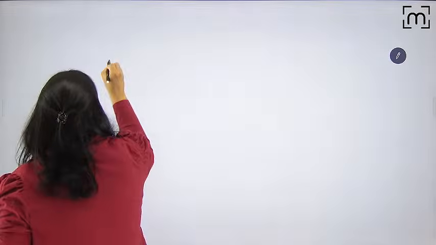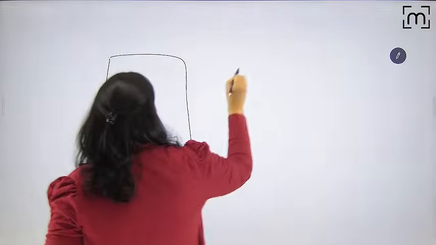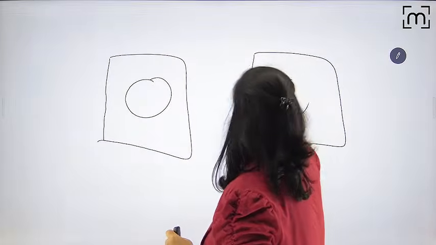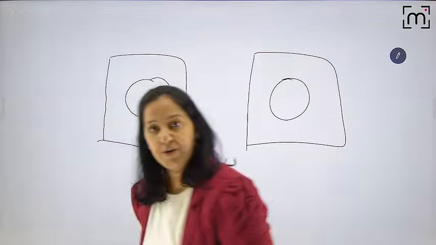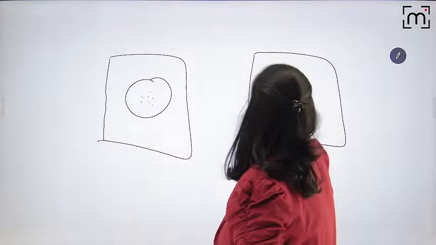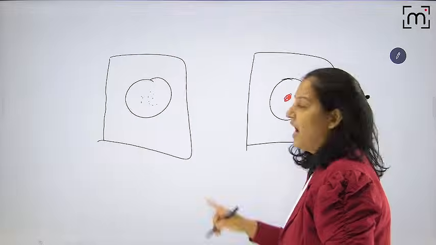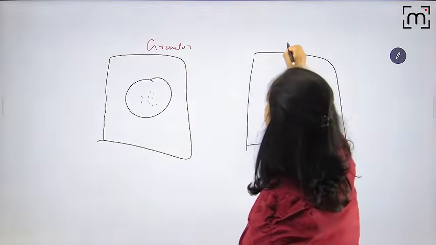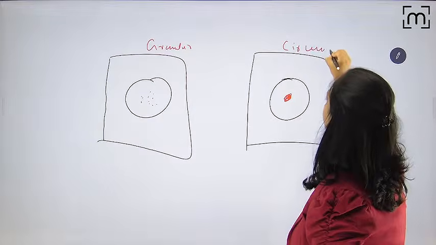Let me tell you. So this is the host cell. This is the nucleus. Both are intranuclear. But this one is like this, and this one is like this. Cowdry A is granular, and Cowdry B is circumscribed. Granular, circumscribed.